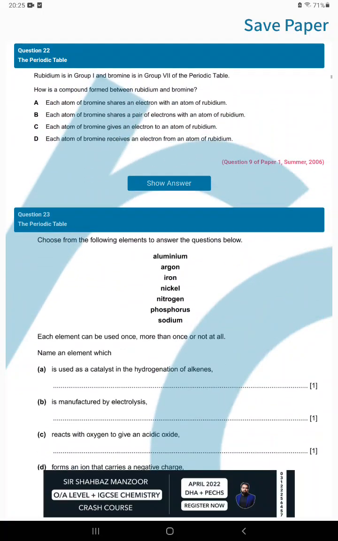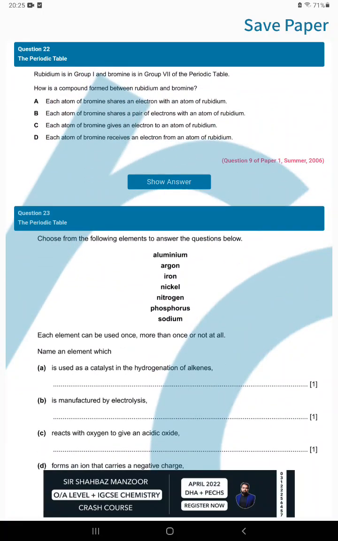Question number 22. Rubidium is in group 1 and bromine is in group 7 of the periodic table. How is a compound formed between rubidium and bromine? Each atom of bromine shares an electron with an atom of rubidium. Each atom of bromine shares a pair of electrons with an atom of rubidium. Each atom of bromine gives an electron to an atom of rubidium. Each atom of bromine receives an electron from an atom of rubidium.